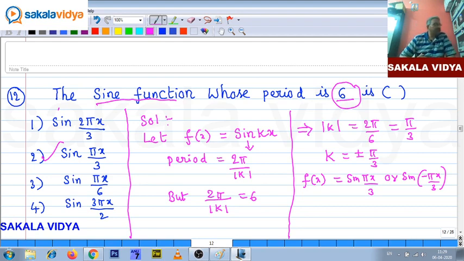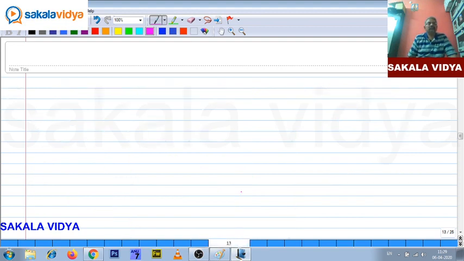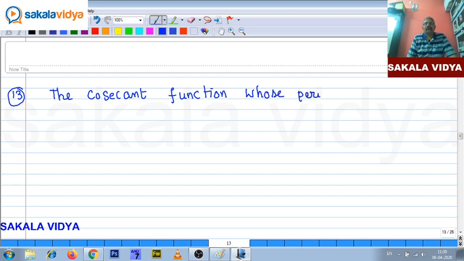Okay, understood now? Now 13th one, the cosecant function whose period is 4, okay.